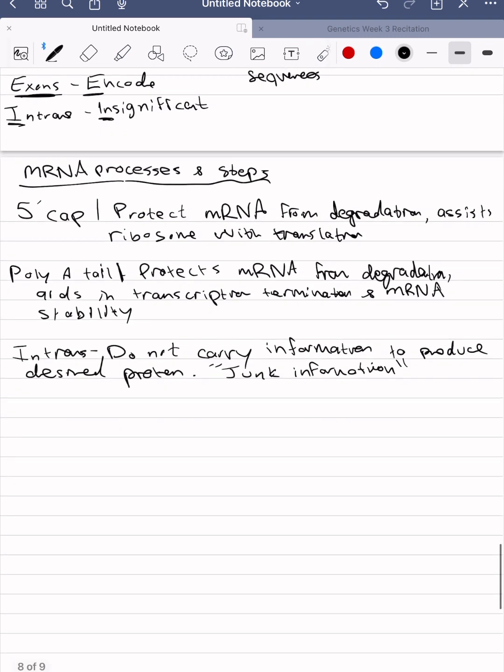Now onto the untranslated regions, UTRs. The 5' UTR is directly upstream from the start codon.